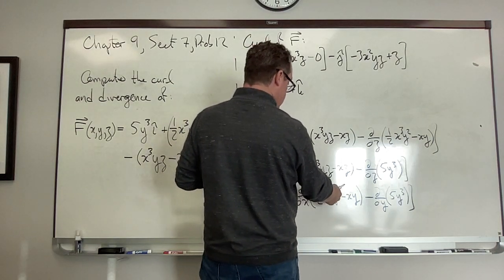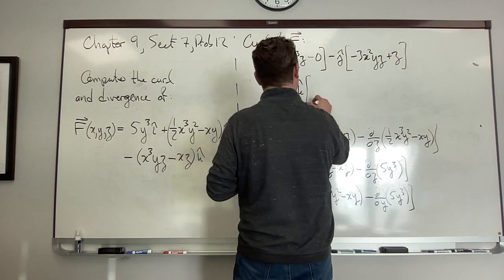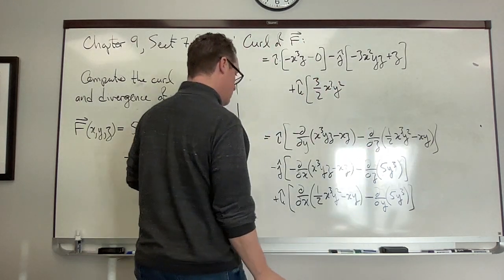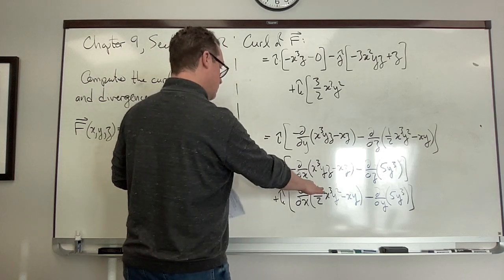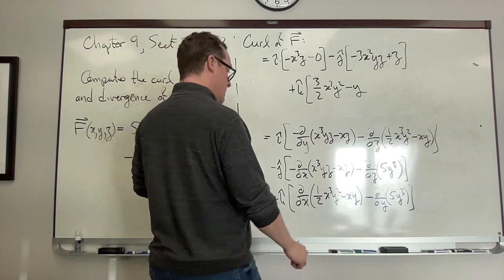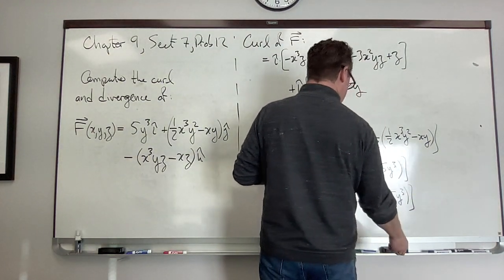so I have 3 over 2 x squared y squared, minus y, and then here we have a term, so we have minus 15y squared.